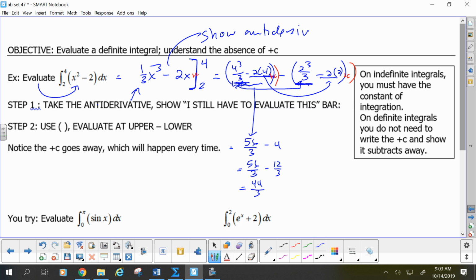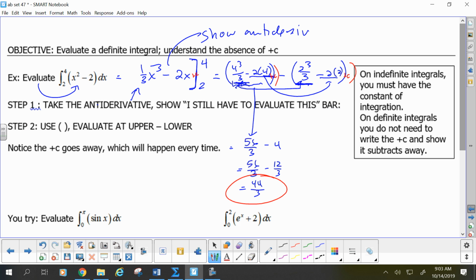And so every time you do a definite integral, the C will always go away, okay? So you never write the plus C in a definite integral because it always subtracts away every time. So that's why I failed to put that, so it's just my habit not to put it in a definite integral. But if you're thinking, where did the C go? It always subtracts away in these cases. You with me? Are you with me?